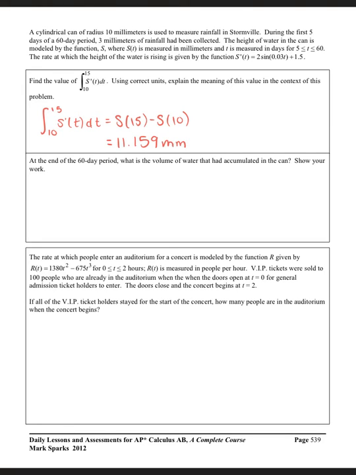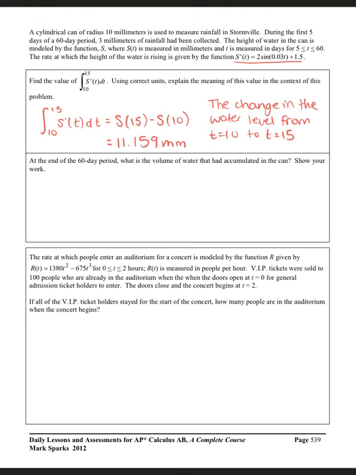So if this is the rate of the rainfall, the s prime of t, to integrate that is the change in the water level. So we have the change in the water level from t equals 10 to t equals 15.